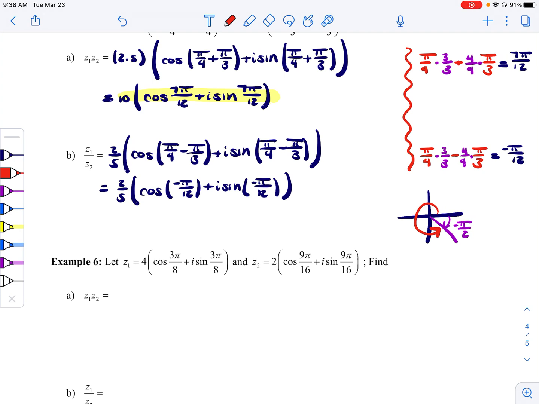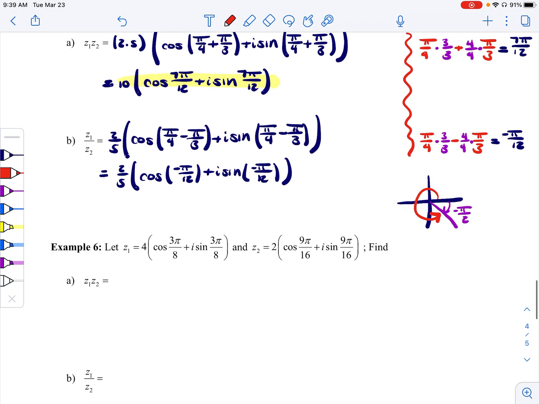The reason it's important to do it this way is that this represents a complex number, which is a point in the plane, so we have to be careful to keep that point within the same quadrant. So I'm going to take my original angle of negative pi over 12 and add 2 pi to it.